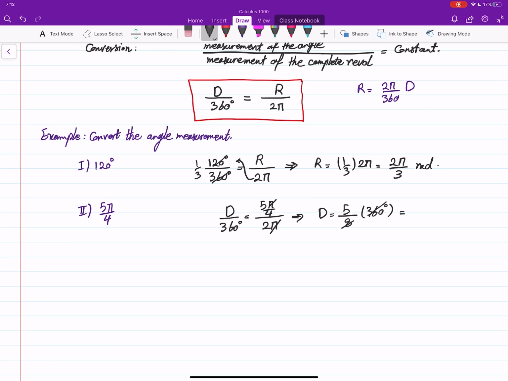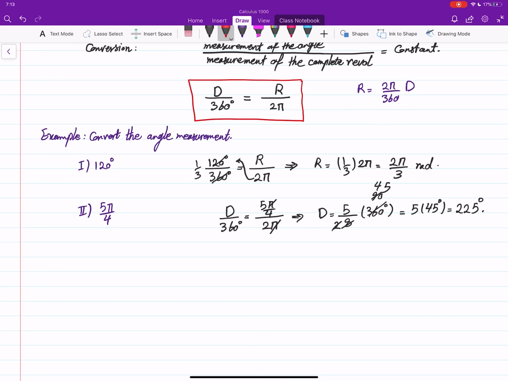At least divide by 2 is 90. This is 2. Another time, this is 45. So we have 5 times 45 degrees, which is 225 degrees. So you have to be able to use this formula, to turn one into another.